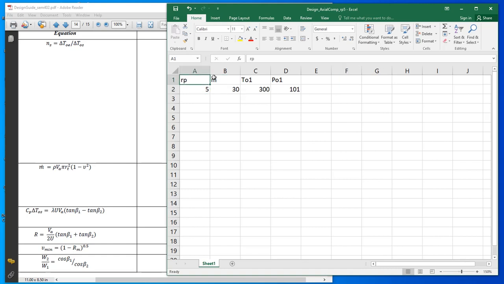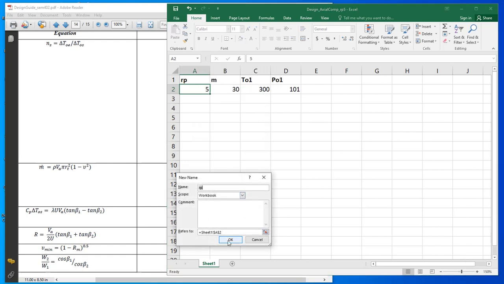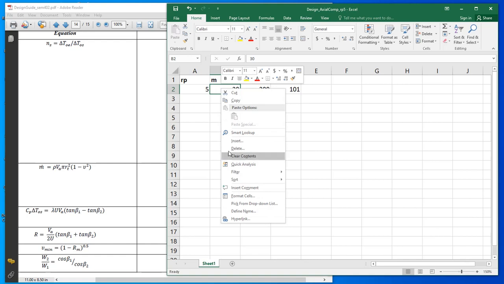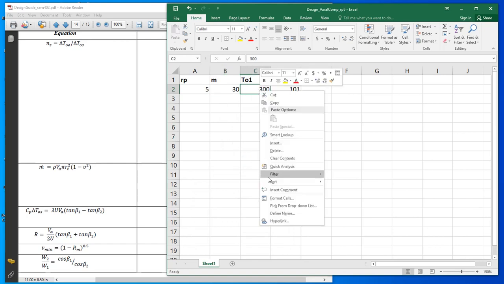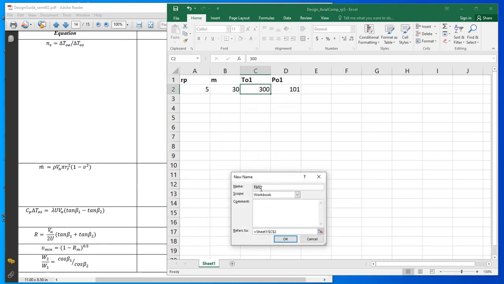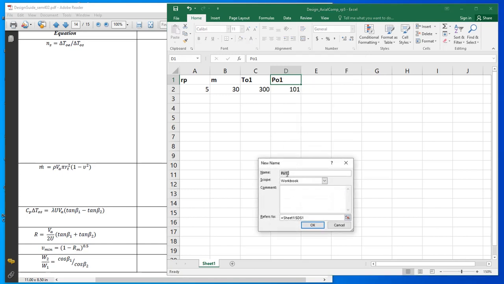Now we could do some formatting. Let's give names to these variables: the pressure ratio, the mass flow rate M, T0_1 and P0_1. There was a problem with the first name, but T0_1 works.